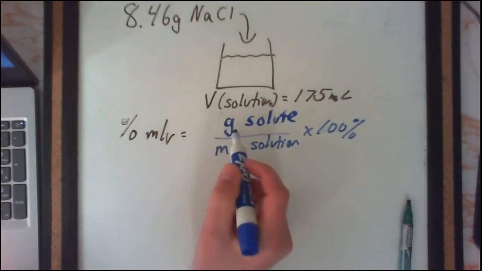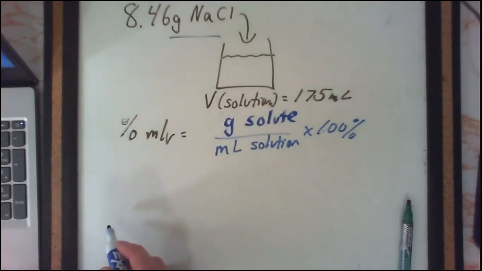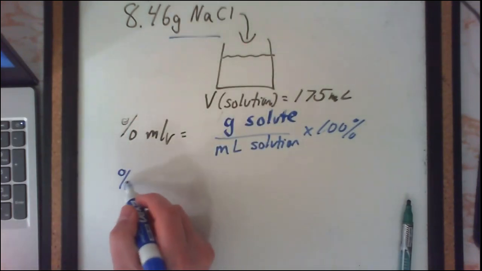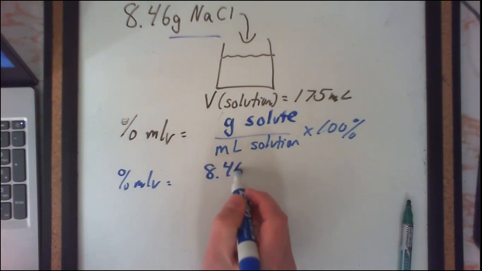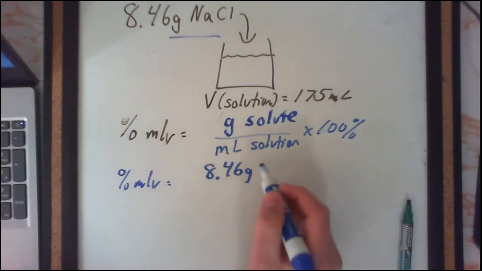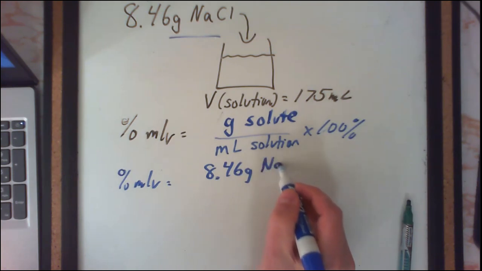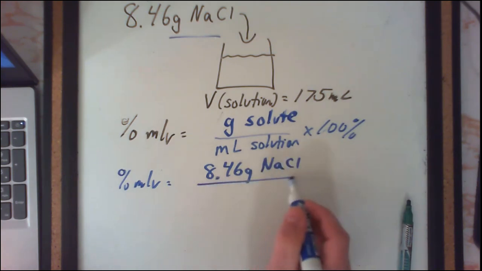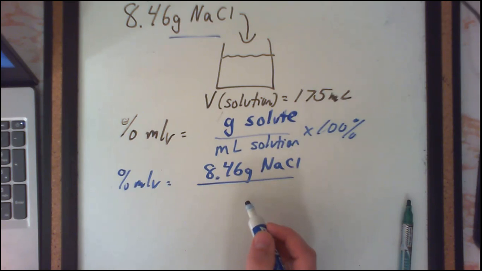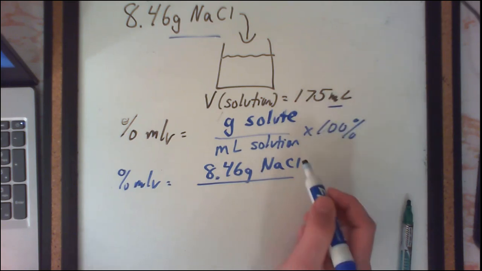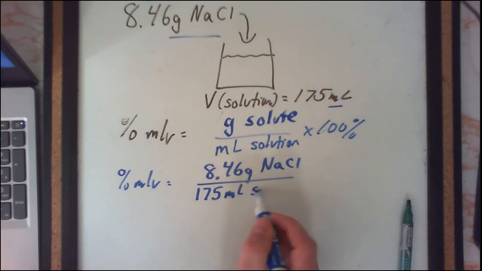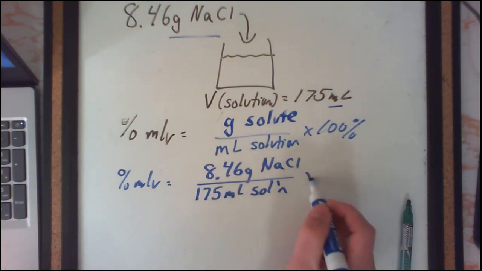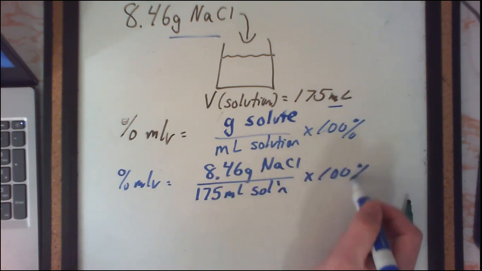So we know what we're given. We're given grams of solute, which is our 8.46. So it's 8.46 grams of solute, in this case, sodium chloride. And we divide that by the total volume of solution in milliliters, which is our 175 milliliters of our solution times 100%.